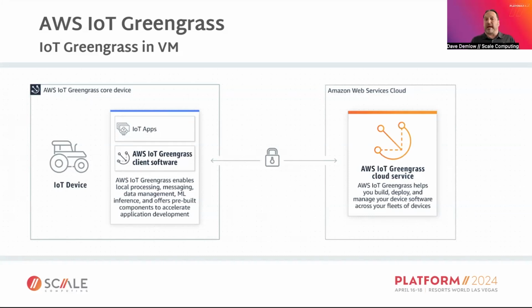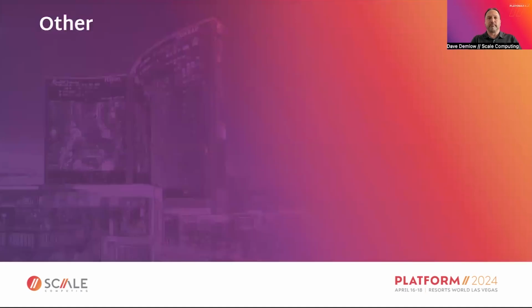It can run all types of apps, from containers to functions as a service, Lambdas as they're called. So it supports quite a number of different kinds of workloads that can be deployed out on the edge, but it's really geared toward data collection and local processing, and it's all manageable from the AWS cloud. And there are a lot of very robust services available through there.